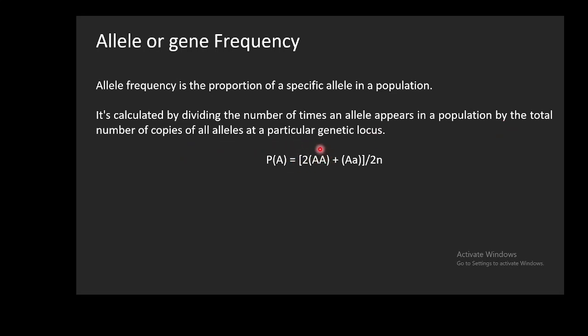So if you have the number of AA individuals, you need to just multiply it by 2, and whatever the number of heterozygotes, you can keep it like this and divide it by 2n, where n is the total population. And why we are multiplying it by 2 is because every gene has 2 alleles.